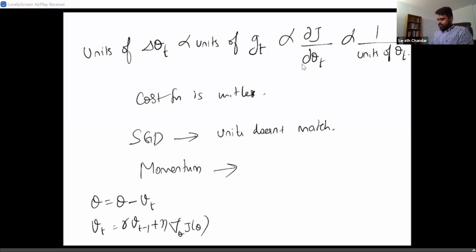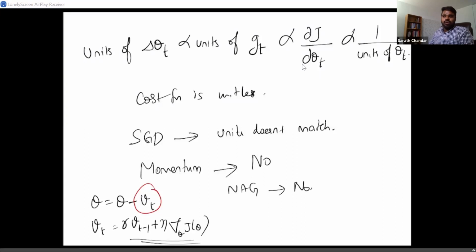Does this term have the same unit as theta? No, right? Because this term is exactly similar to the gradient as well. So this doesn't match. The same is true for NAG too.